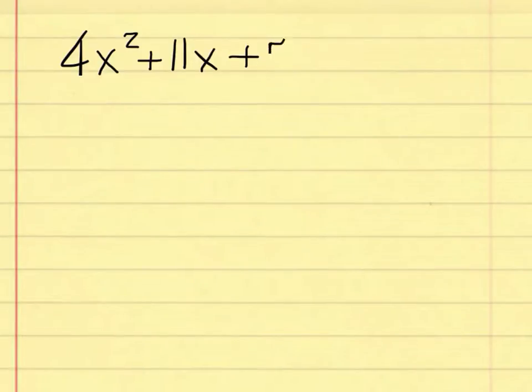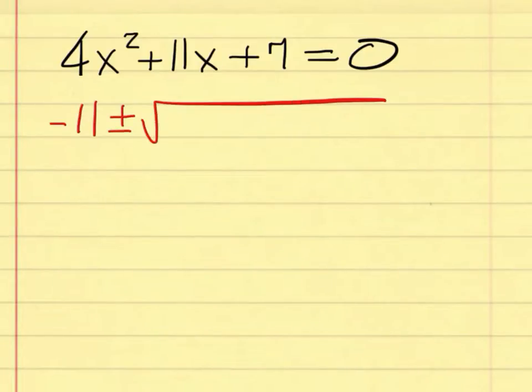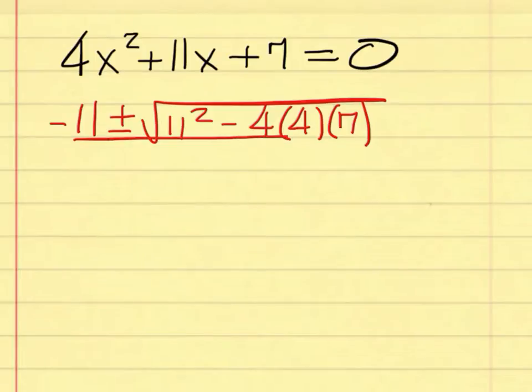This problem is 4x squared plus 11x plus 7 equals 0. Your first move on this is negative 11 plus or minus the square root of 11 squared minus 4 times 7. All of that is going to be over 2 times 4.